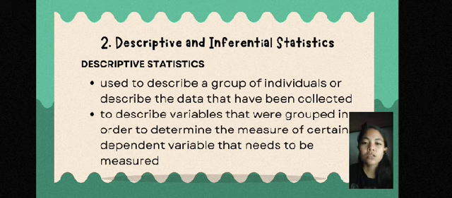Such indices are calculated using samples drawn from a population, and these are called statistics. On the other hand, when indices are calculated using the entire population, it is called the parameters. Basically, this type of statistics is used for summarizing and describing data sets.